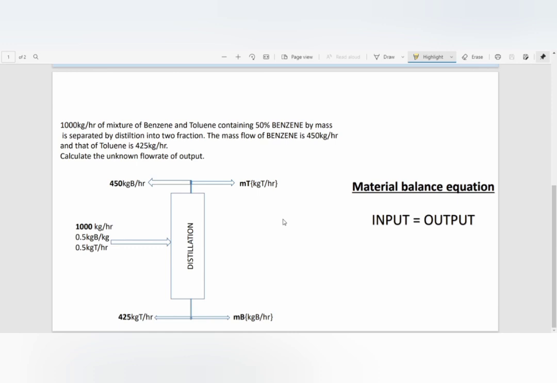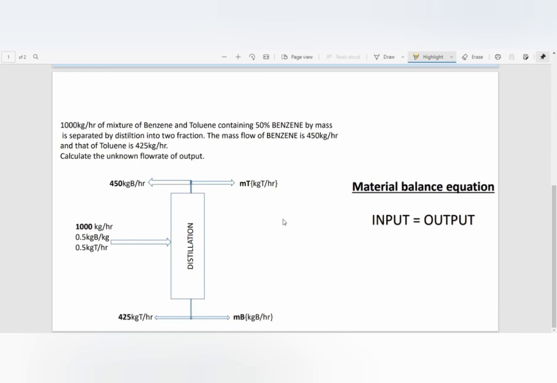Now just look into the system, then we will read the problem statement. One inlet is coming from the left hand side.